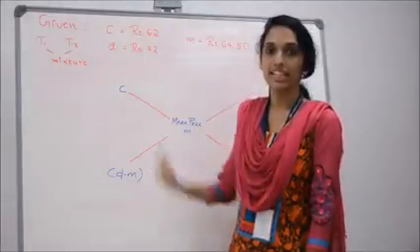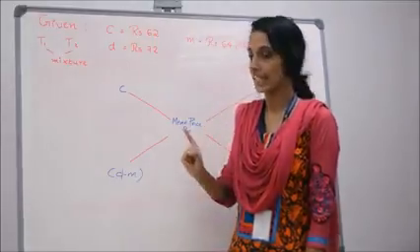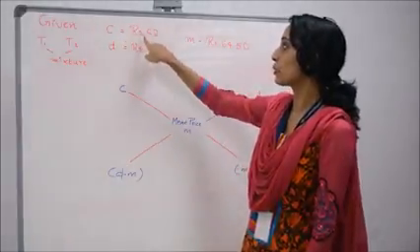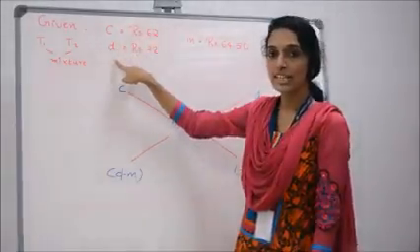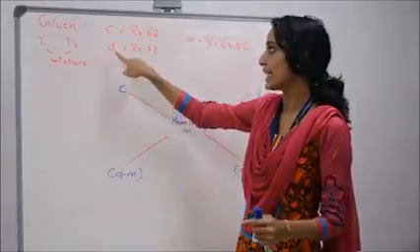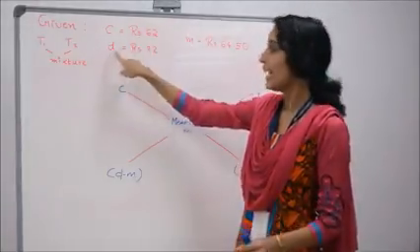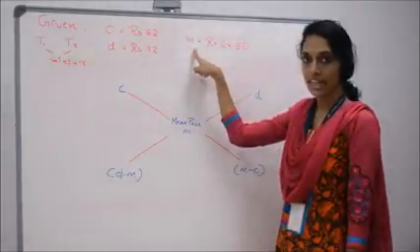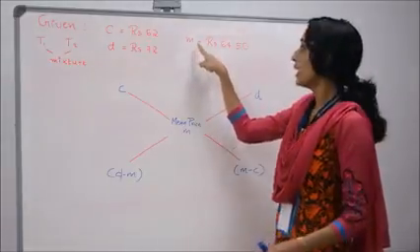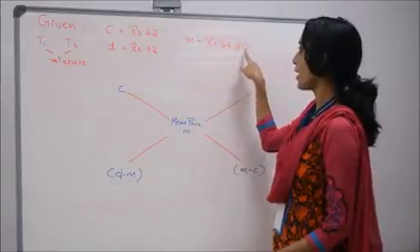That is, first we are given the cost price of 1 kg of first kind of tea, that can be represented by C, that is equal to rupees 62, and cost price of 1 kg of second kind of tea is equal to rupees 72, represented by D. And then we have got the mean price, that is the cost price of 1 kg of the mixture, that is M is equal to rupees 64.50.